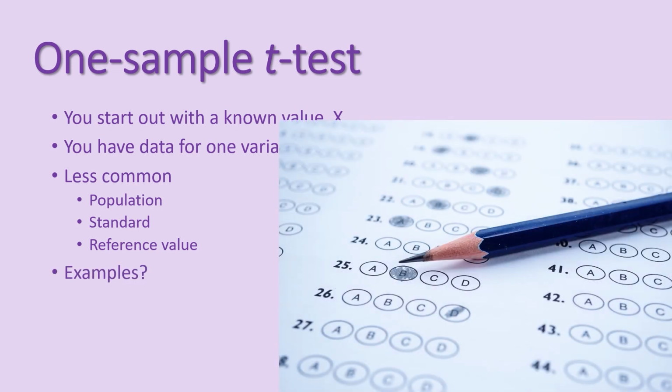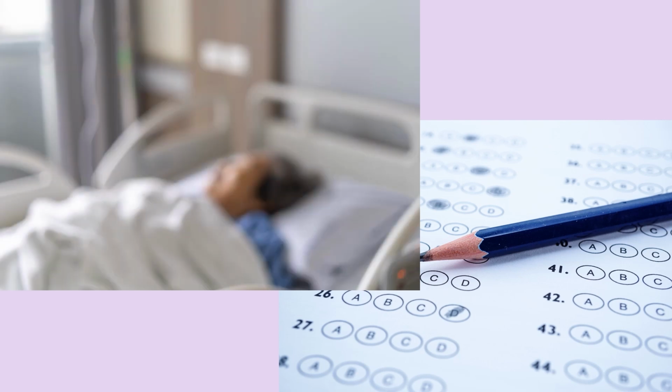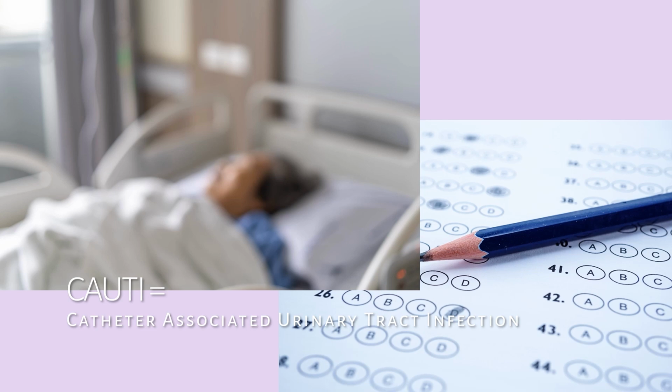So let's say that you were interested in looking at family nurse practitioner passing rates in your cohort, and you want to compare it to what the national mean for the FNP boards were. You would use a 1 sample t-test, okay? Or let's say that you wanted to look at CAUTIs in your hospital in all the various units and compare them to, say, what the average CAUTIs are in the state or the nation. Again, you would use the 1 sample t-test.